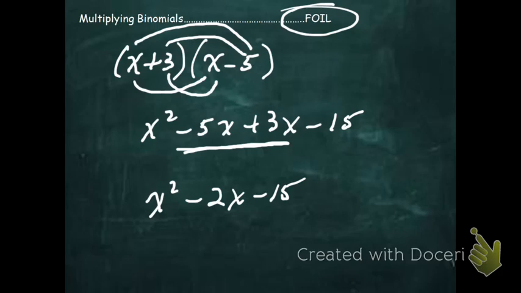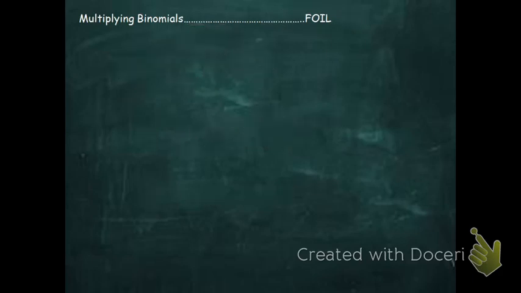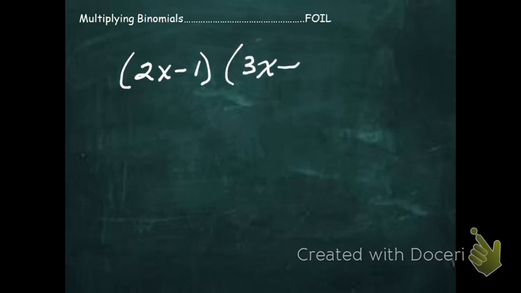Okay, let's look at another example. Suppose we have 2x minus 1, and we want to multiply that with 3x plus 2. Well, again, using my FOIL, first, 2x times 3x is a 6x squared.